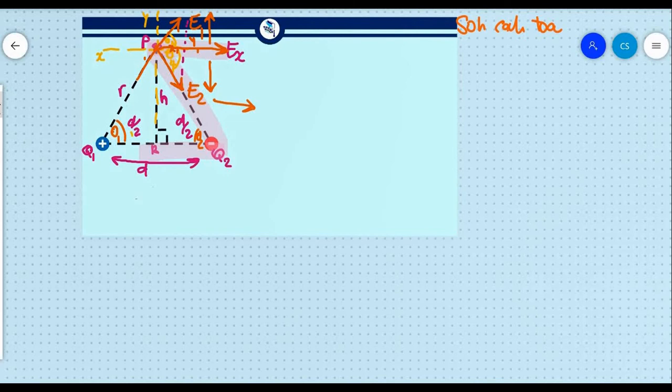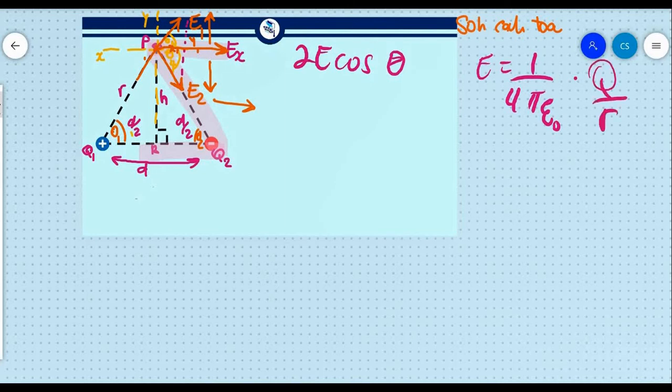So the equations that we had were, equation 1 was 2E cosine theta, and the second equation was E is equal to 1 over 4 pi epsilon naught times Q over R squared. Okay.